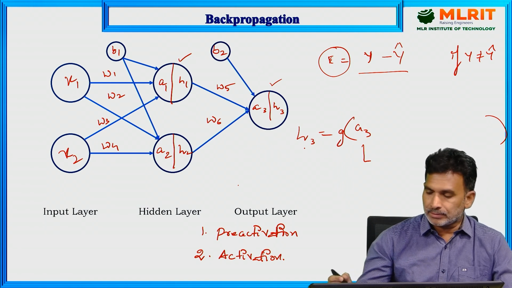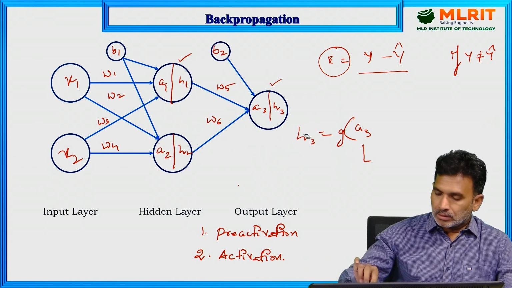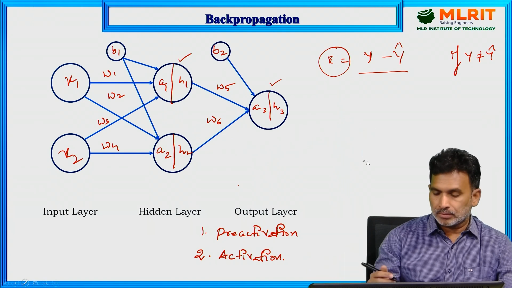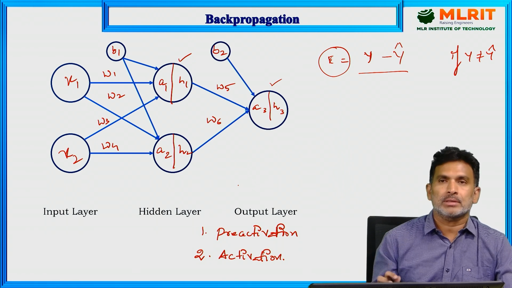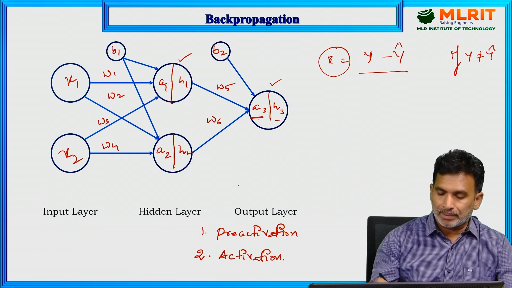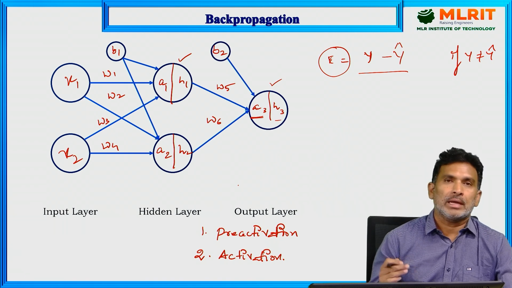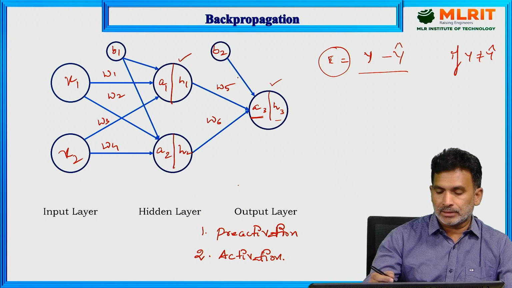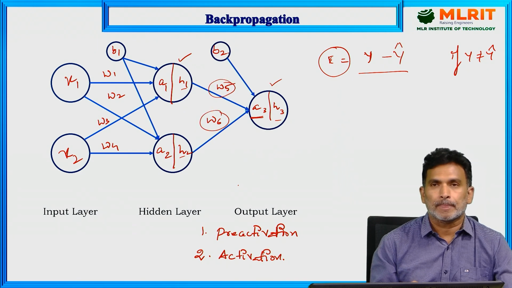So there is a relationship. If you observe H3, it is the output of the activation function in this output neuron. This output depends on A3, and A3 is influenced mainly by H1, H2, and then W5, W6, and also B2.